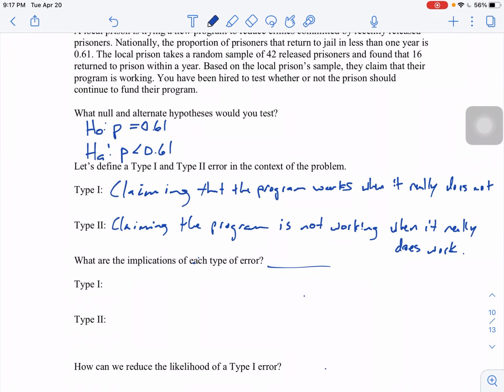Those are how we would define each of those two errors in the context of the problem. Now if we think about the implications or the consequences of each type of error. For a type 1 error, if we're claiming the program works when it really doesn't, then we would be funding this program, dumping resources and money into the program when it's really ineffective.